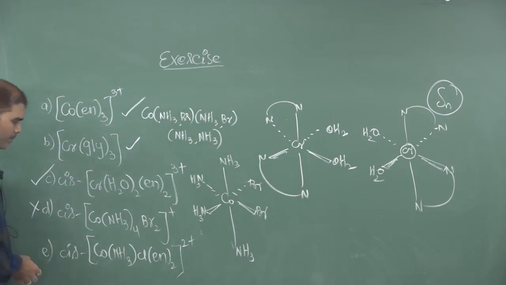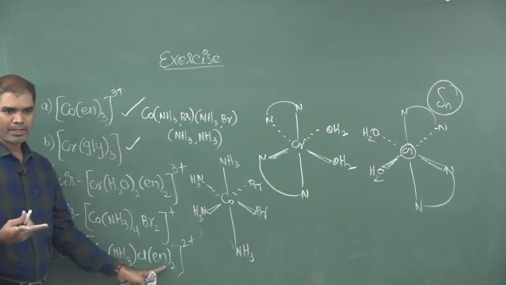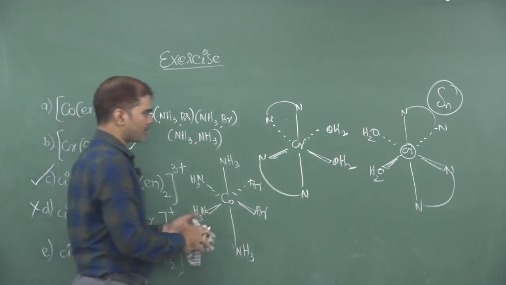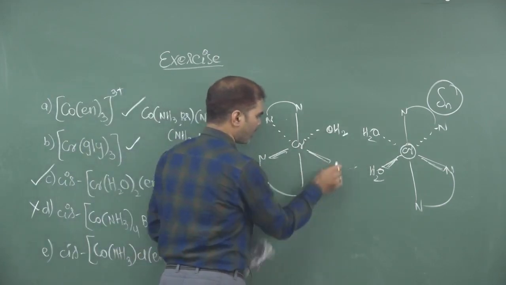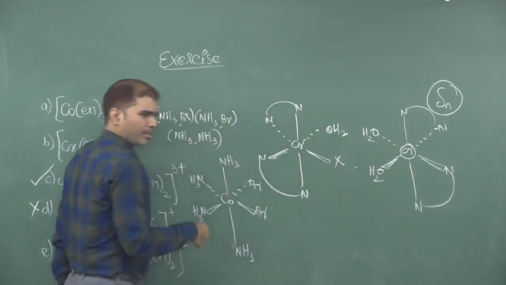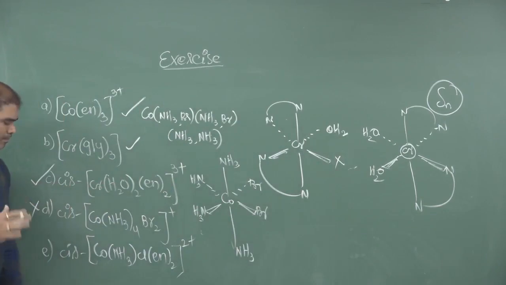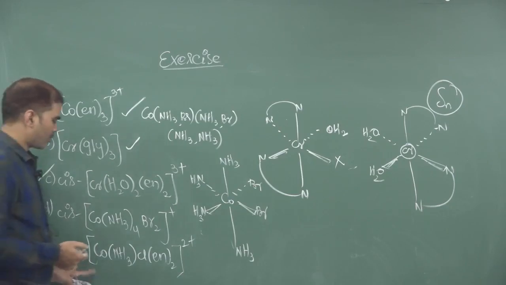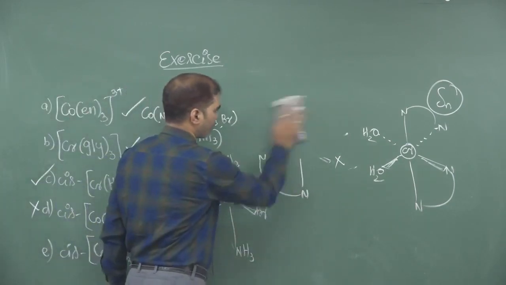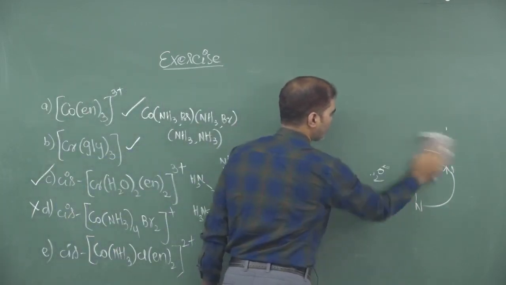Last one. 2 chelating rings. Previously I told you, it is just like this is one ligand, this is some other ligand. That is also optically active because it is a cis form. If you take a trans form of this, is it optically active?